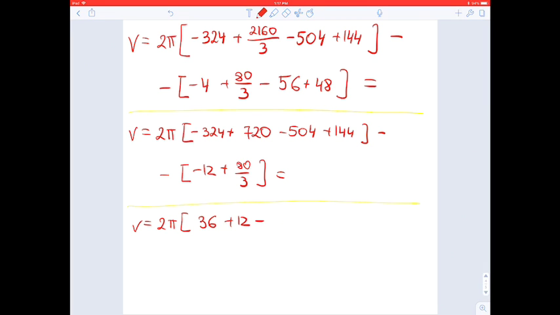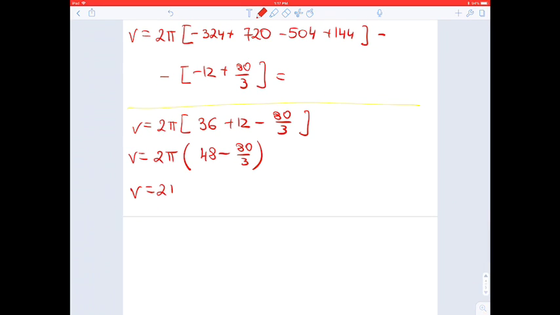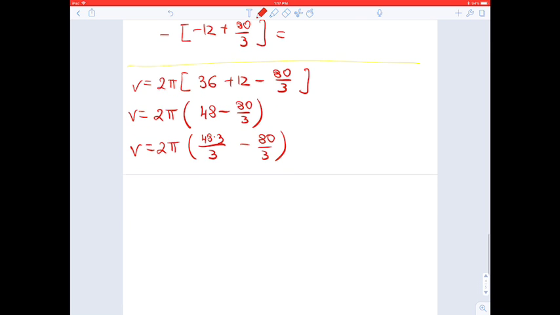And then plus 12 minus 80 over 3. Okay. We don't need the brackets anymore. That means this is 48 minus 80 over 3. 48 times 3, a common denominator, is 144 minus 80 over 3.